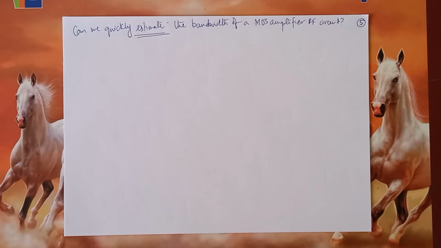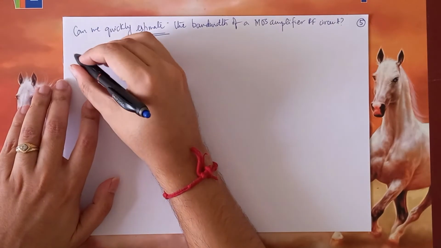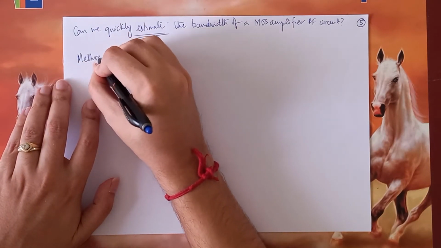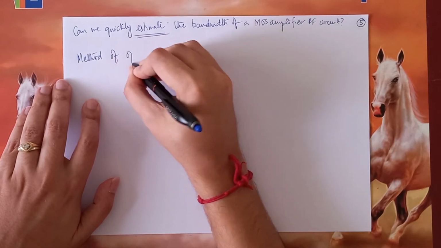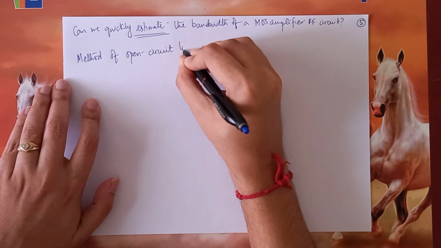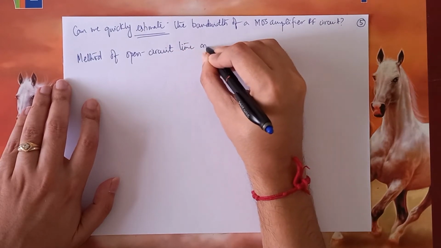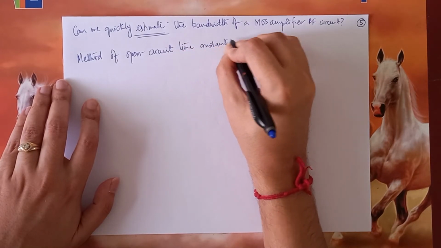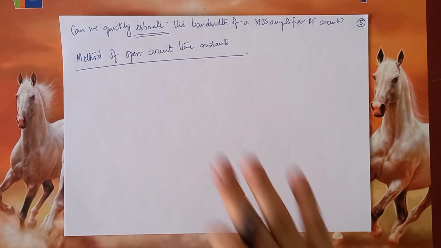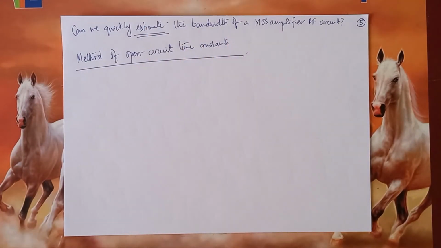One of the techniques that we are going to look at today is called the method of open circuit time constants. What open circuit means we shall see very soon.